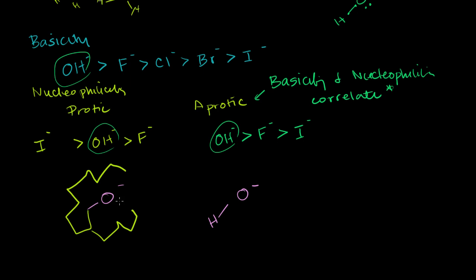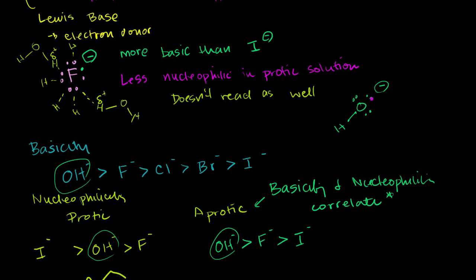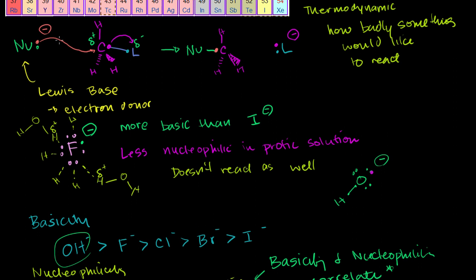Now, if you were to look at these two molecules, if you were to try to guess which one is going to be a better nucleophile, you should just remember, nucleophilicity is how good something reacts. How good is it getting in there and making a reaction happen? Now, this thing has this big molecule all around it. It might actually make it very hard for it to get in there. We've talked about steric hindrance from the point of view of the carbon, but we haven't really talked about it from the point of view of the nucleophile.